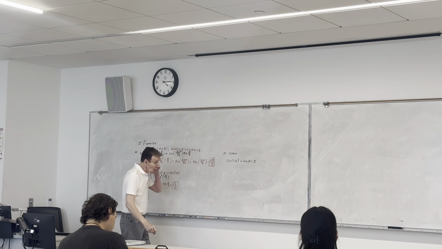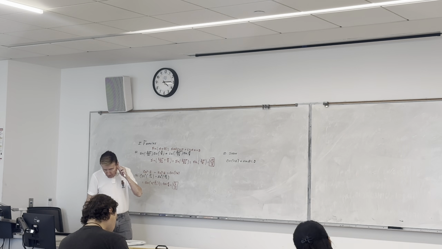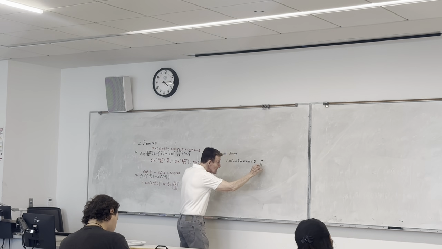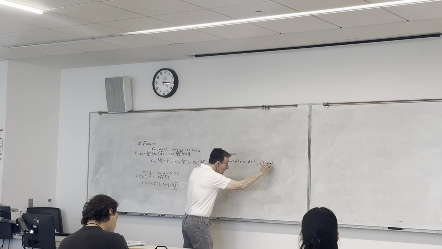So guys, cosine double theta plus sine theta is equal to 0. And I want you to find all the answers possible in this interval from 0 up to 2 pi, and let's not include 2 pi.